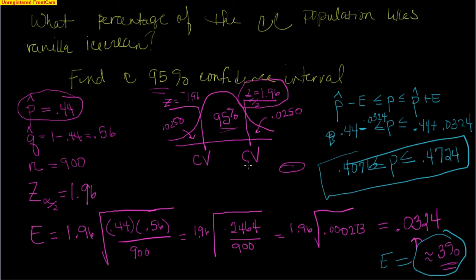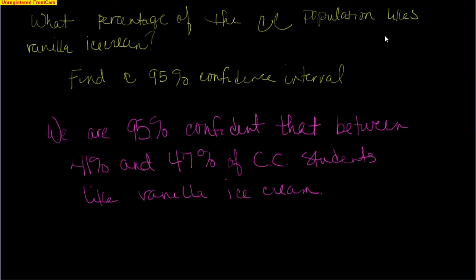Let's put this all together. In the end, the way we would end this question of what percentage of the community college population likes vanilla ice cream, we would say we're 95% confident that between 41% and 47% of community college students like vanilla ice cream.